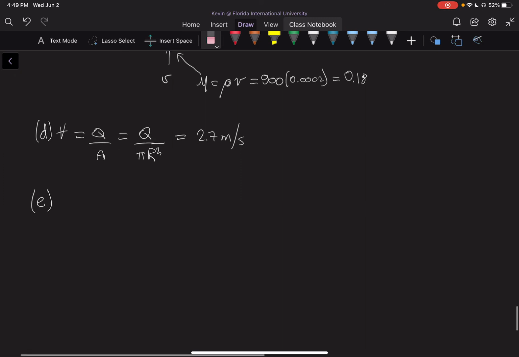Reynolds is equal to rho v d over mu, or velocity times diameter over our kinematic viscosity. If you plug in the values, you get 810. Remember that Reynolds is dimensionless. Since Reynolds is 810, it's lower than 2,300, so we can say it's laminar.